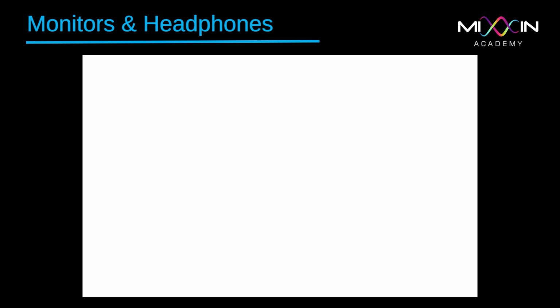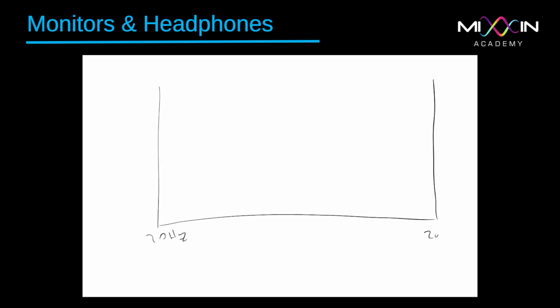Well, we need the speaker to deliver a flat frequency response, flat spectral response, meaning that if you remember all those frequencies that people hear that we talked about from 20 hertz to 20,000 hertz, we would need the speaker to produce everything we send through it flat and equal, which is also not possible.